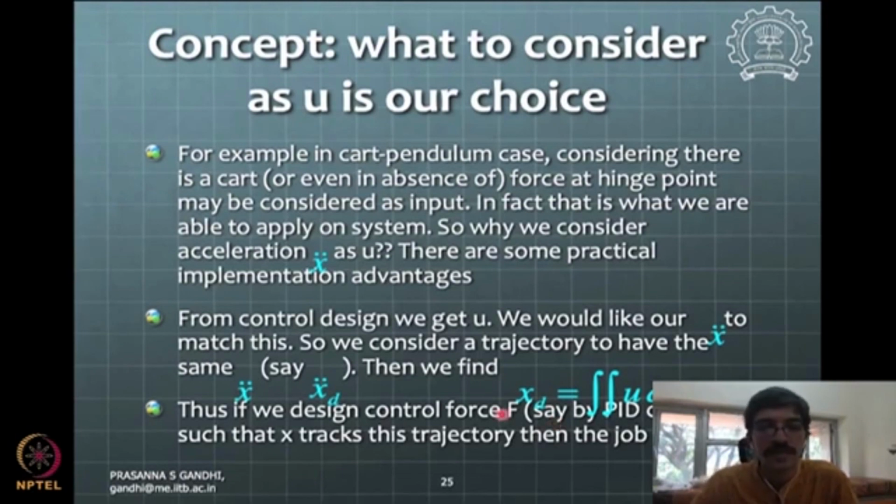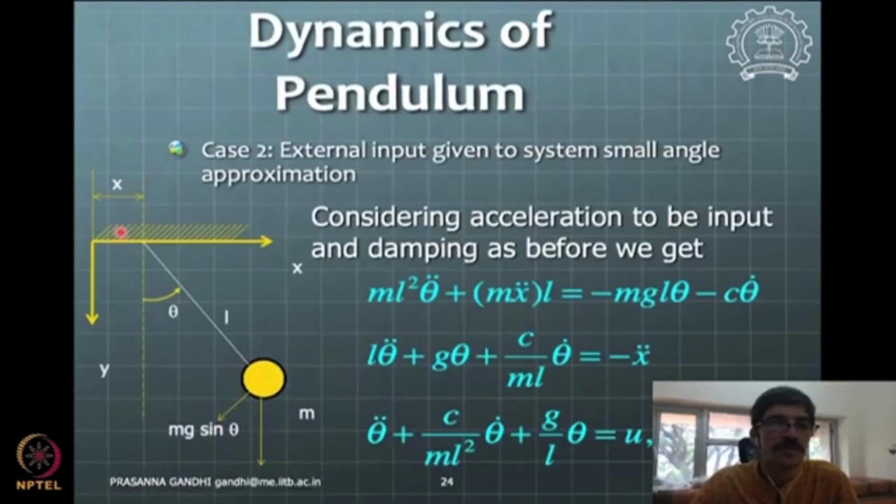But later on, maybe, if you are interested, I'll show very good advantages of such an implementation, rather than considering directly this force to be my input and considering my force applied on the cart, and cart in turn is having a pendulum. Okay, so there is a cart here and the force F is on the cart, and cart in turn is carrying this pendulum along. So that is not a very good practical strategy to implement, because there will be a friction between the cart and its wheels and other places.